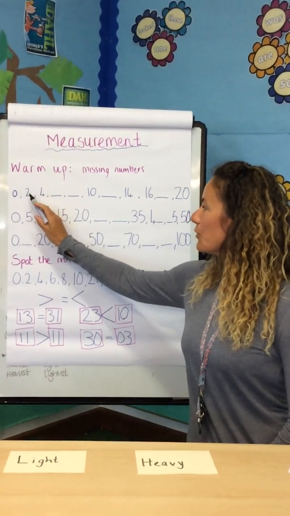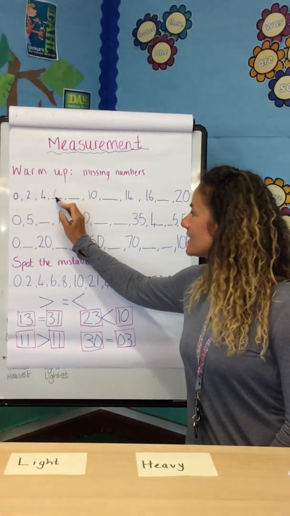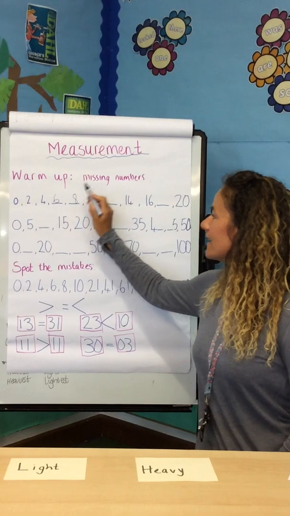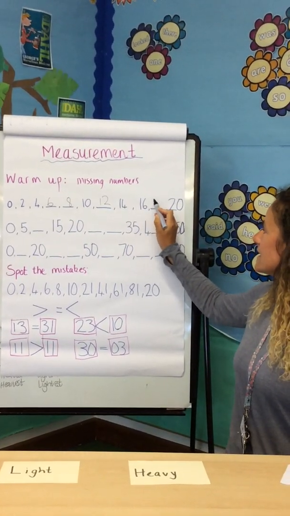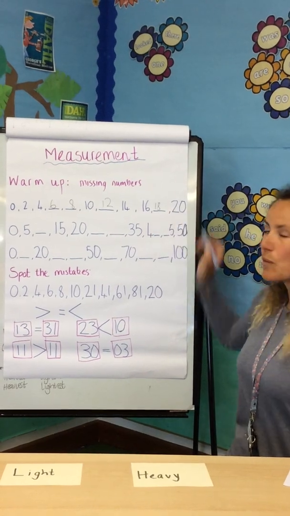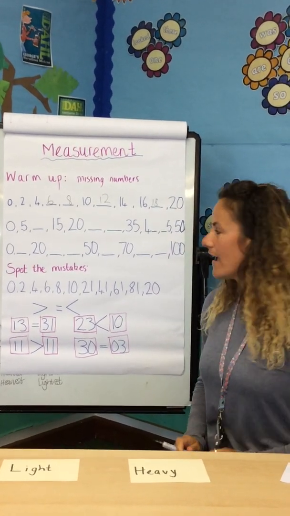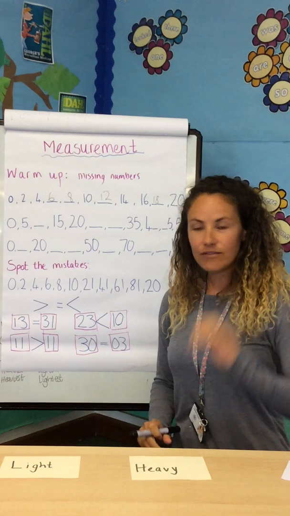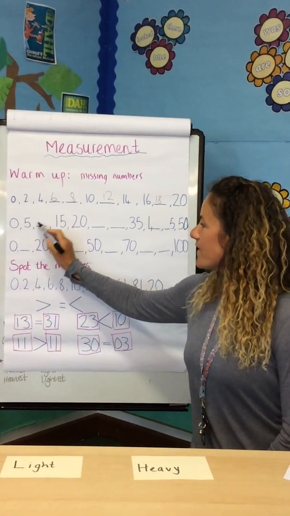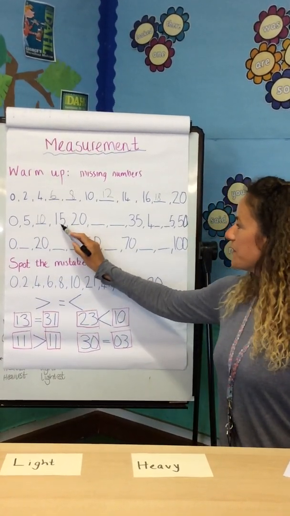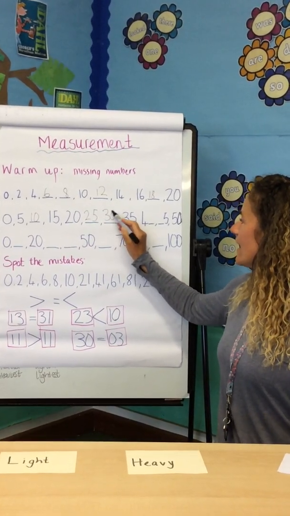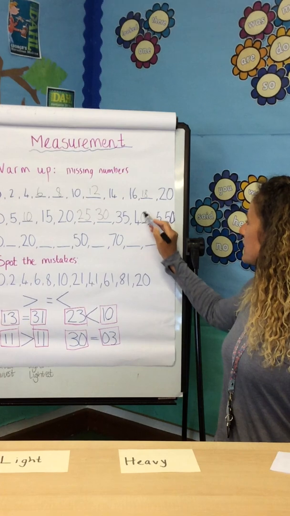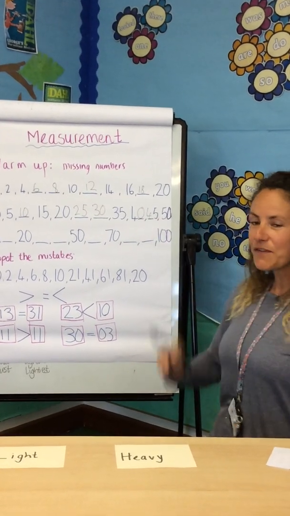0, 2, 4, 6, 8, 10, 12, 14, 16, 18, 20. Well done if you got that correct. Moving on to the next one, counting in fives. 0, 5, 10, 15, 20, 25, 30, 35, 40, 45, 50.